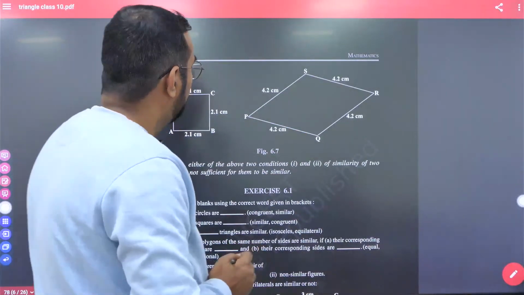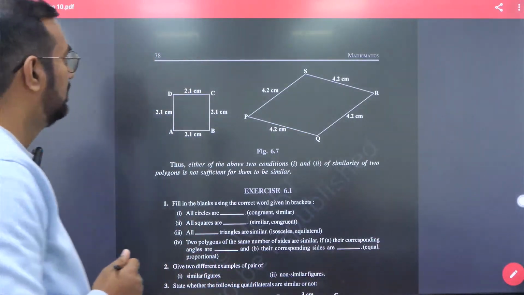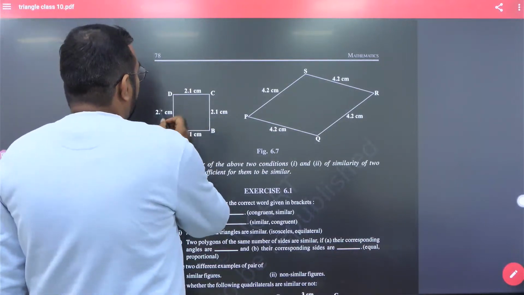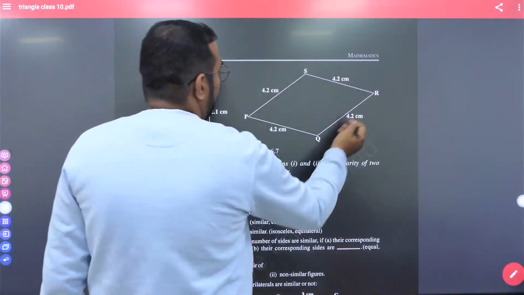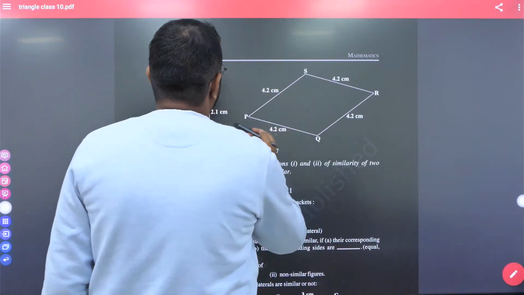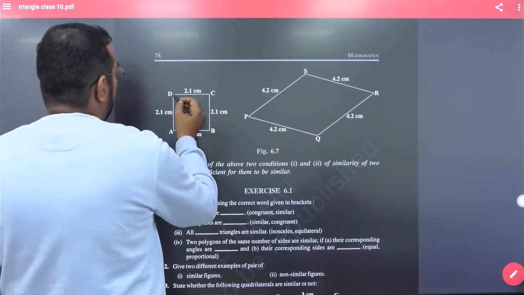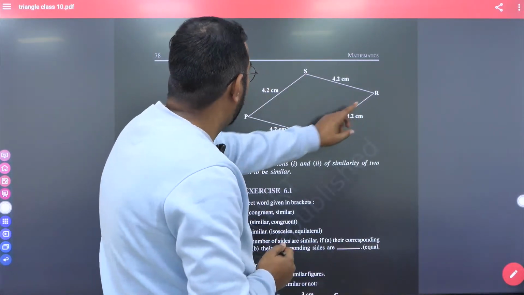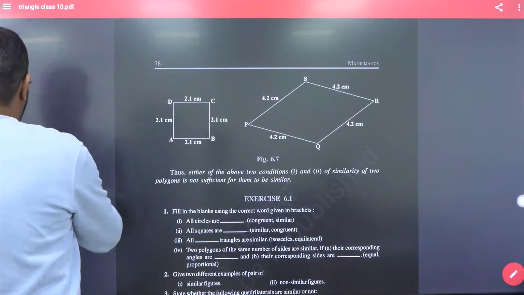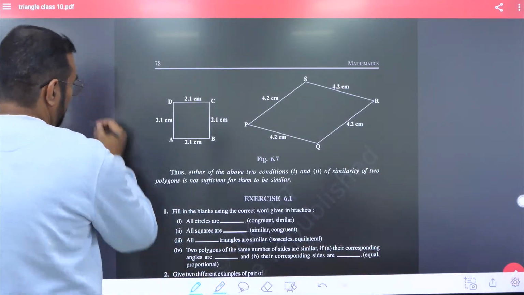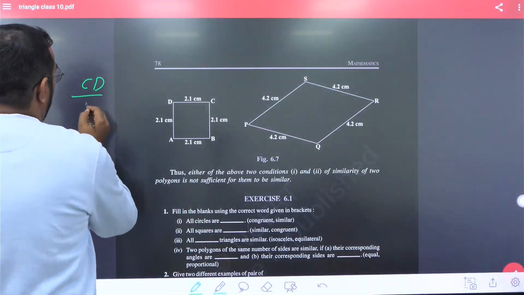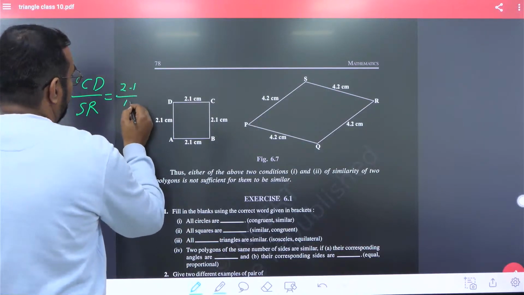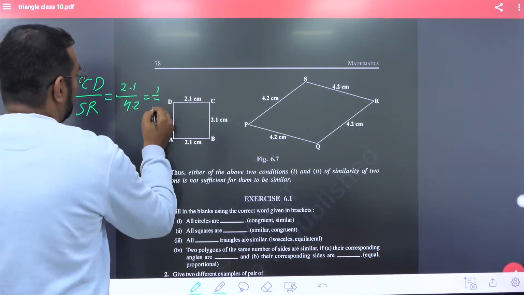What about these two figures? They are not similar. Why? Here the corresponding sides look similar, meaning they are in the same ratio. CD upon SR equals 2.1 upon 4.2 equals 1 by 2.